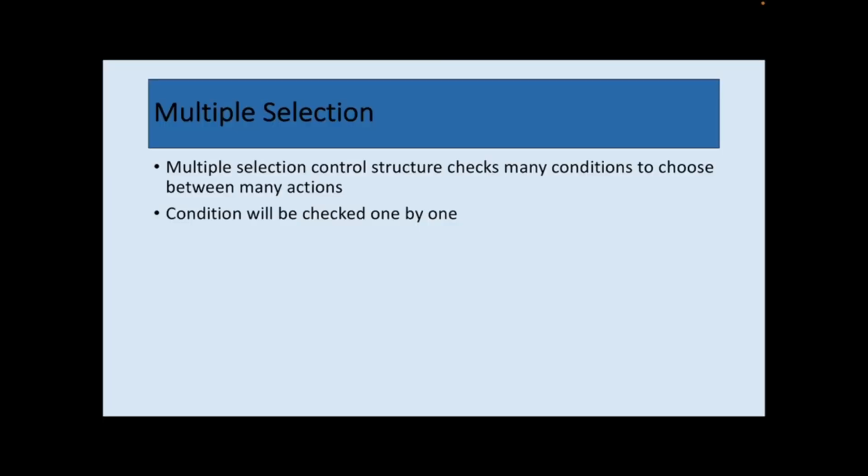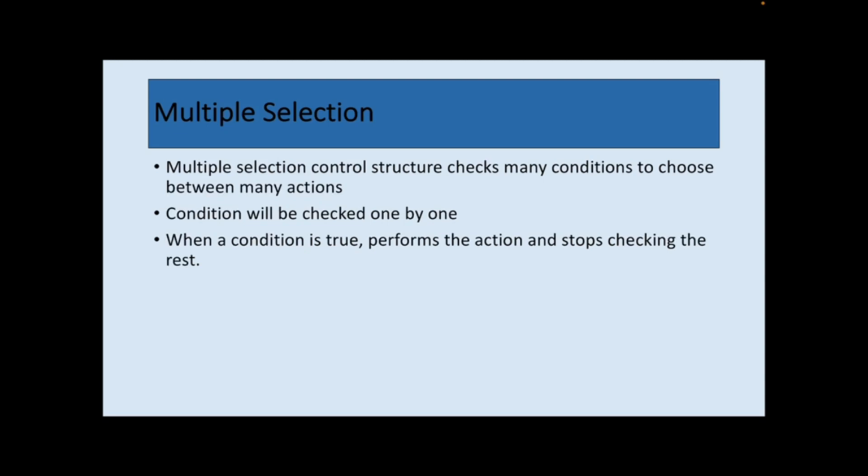The multiple selection control structure checks many conditions to choose between many actions. Conditions will be checked one by one. When a condition is true, it will perform the action and stop checking the rest. So this is the general format for pseudocode in multiple selections.